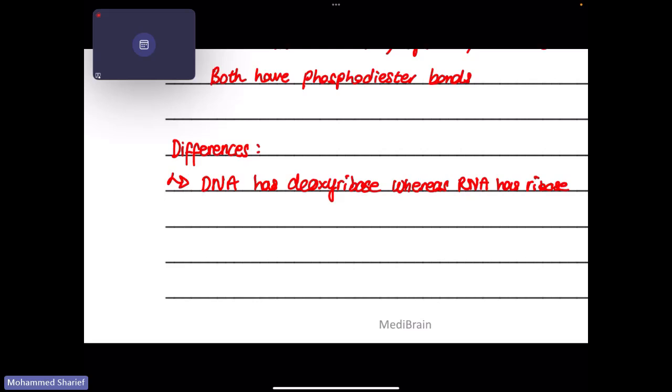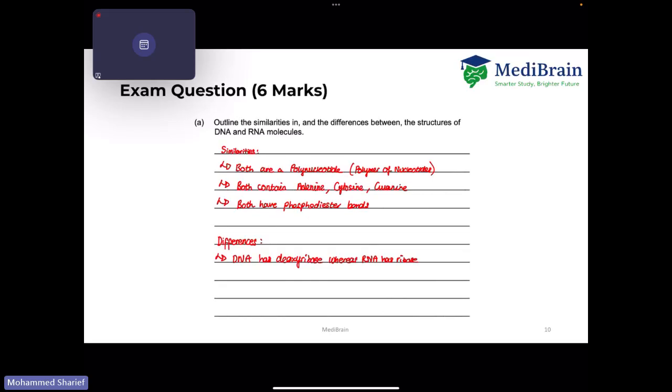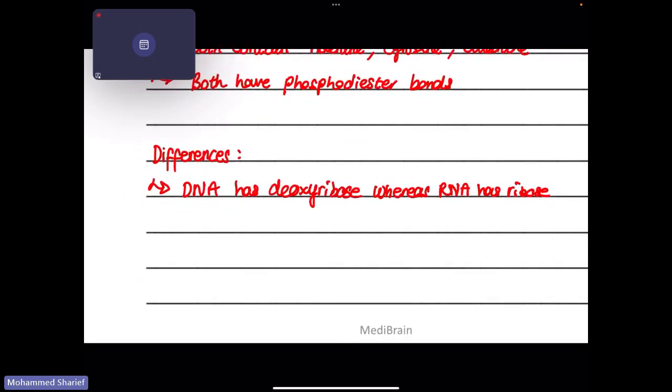I've just remembered that over here, you could have said a similarity to be both of them have a pentose sugar, both of them have a phosphate group. Okay, so DNA has a deoxyribose, whereas RNA has a ribose. We've also said that DNA has thymine, whereas RNA has uracil.